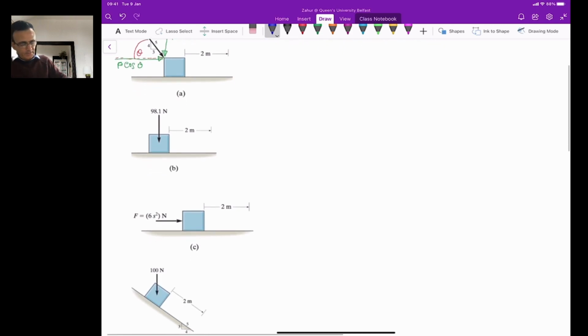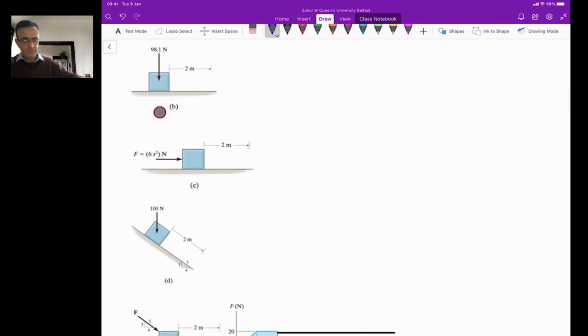Now in case B, if you see, the displacement is in this direction and the force is in this direction, so all the force is in the vertical direction and the displacement is in the horizontal direction. This means that this force is doing no work because there is no displacement in the direction of this force. So in part B, the work U of the force will be equal to 0.